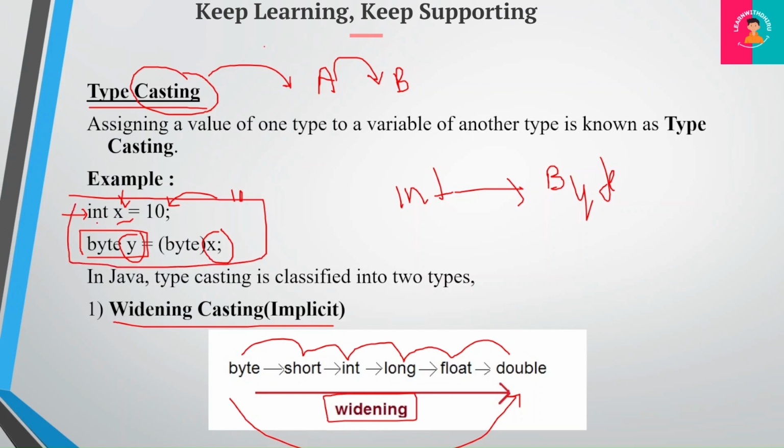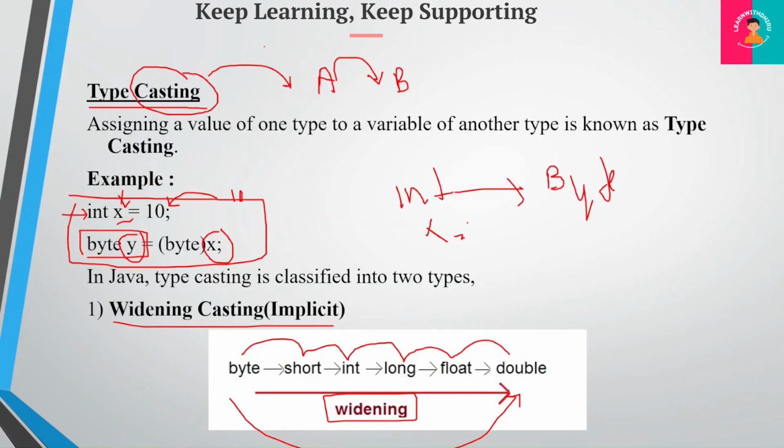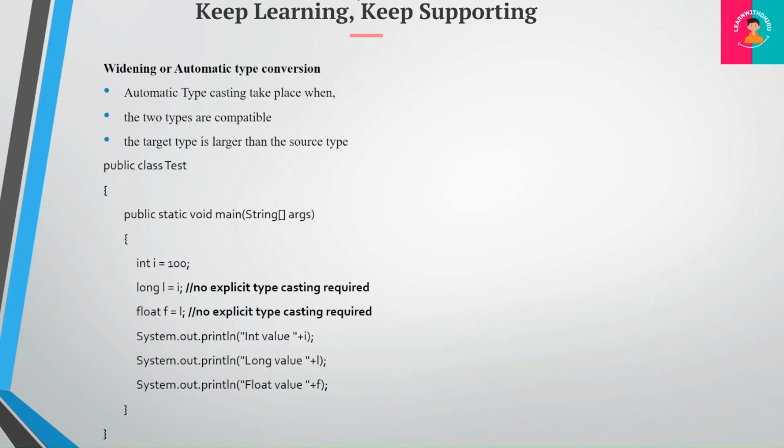If there is x and you want to convert it, it will happen automatically. No external thing is required. We are seeing widening: automatic typecasting takes place when the two types are compatible.